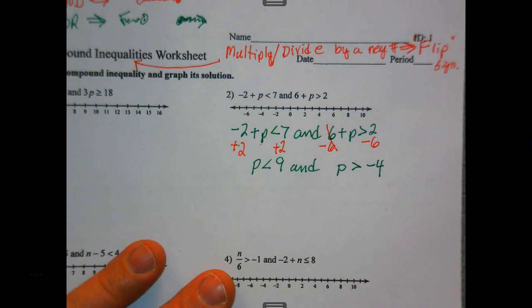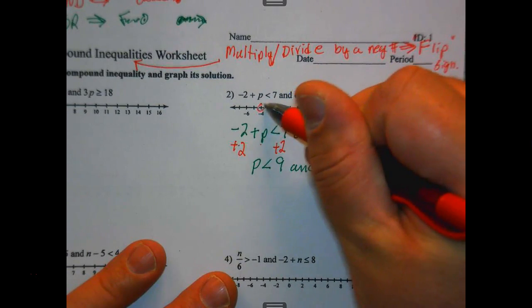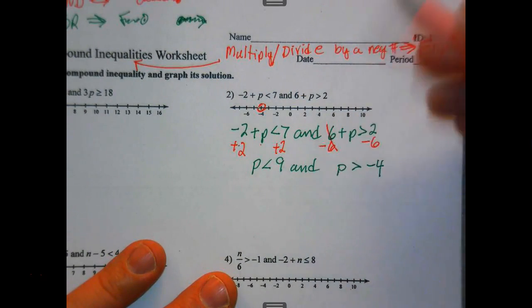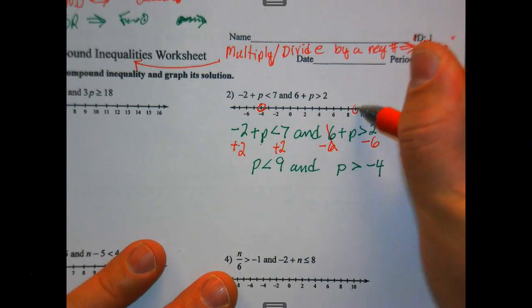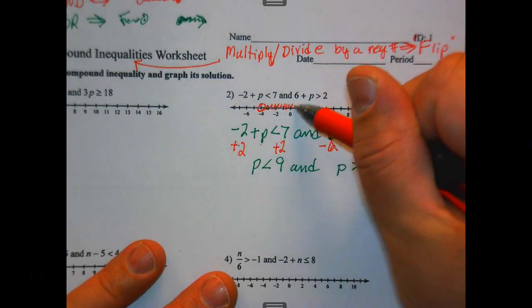Okay, they're open circles at negative 4 and positive 9. It's an and, so I shade in between the points.